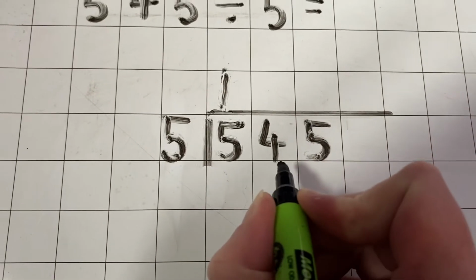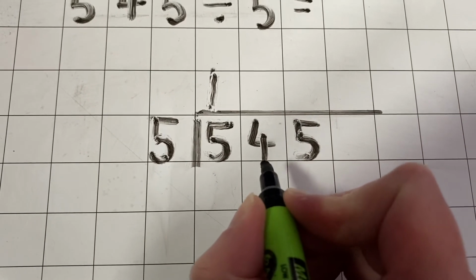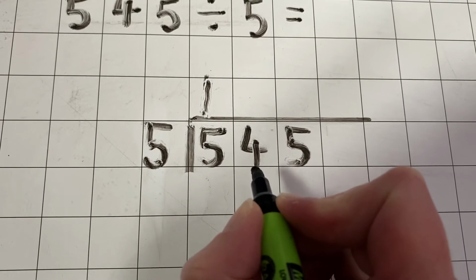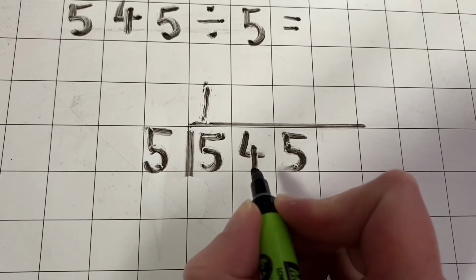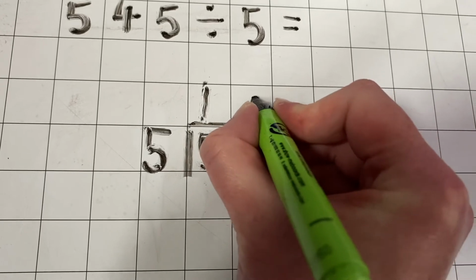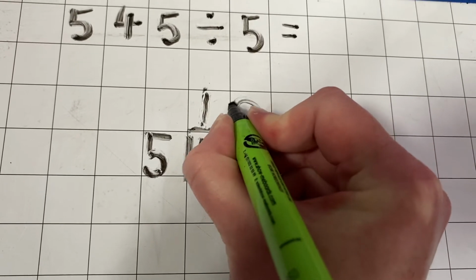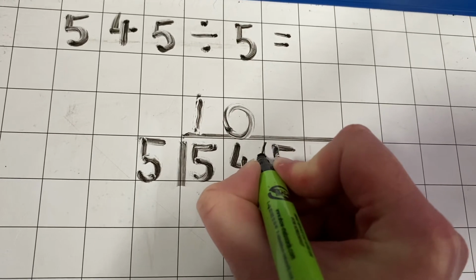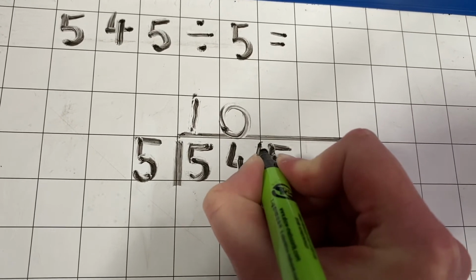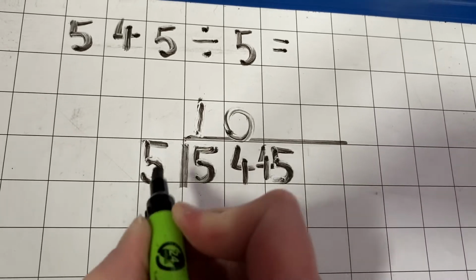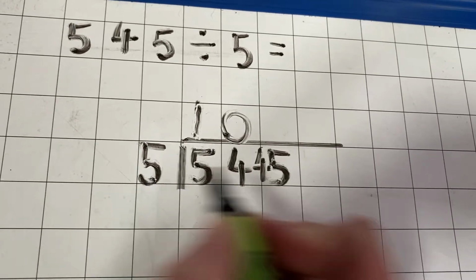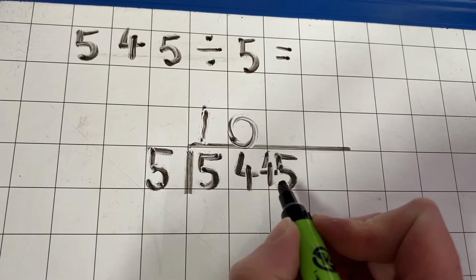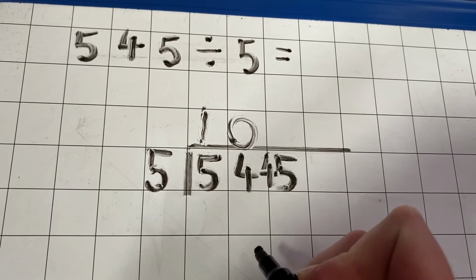Now I know that if I had my 4 tens, I would not be able to put it into 5 groups. Therefore, I need to make an exchange. So I put my 0 here, and I exchange by moving it over to here. So now I have to see how many groups of 5 I can make using 45.